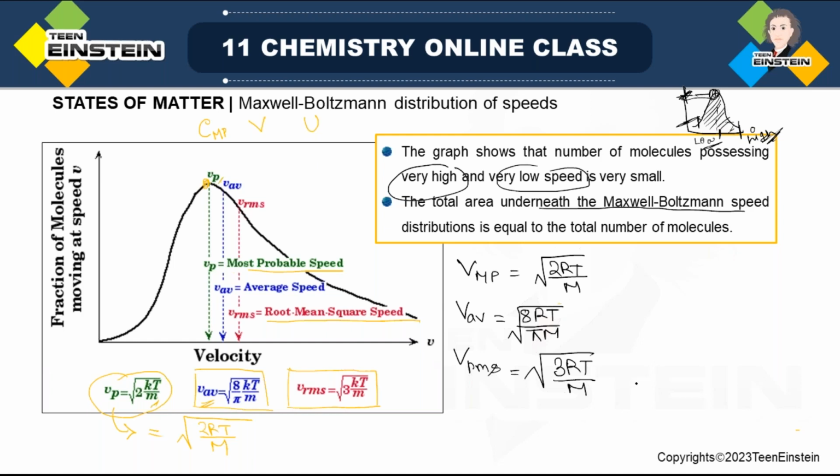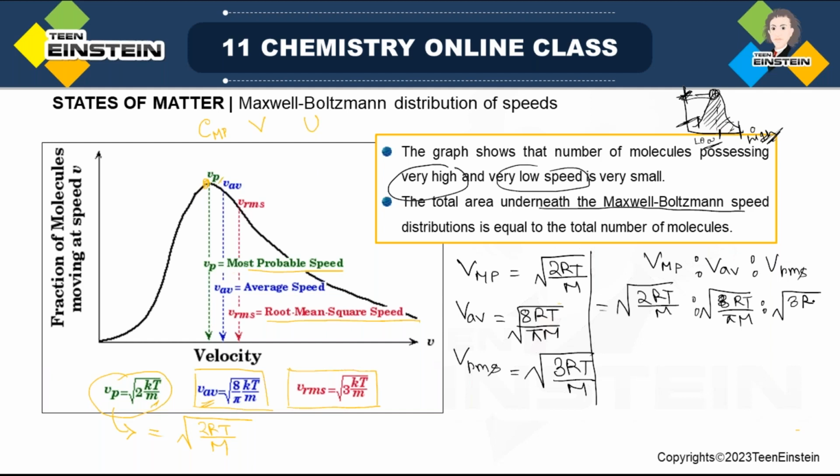Now one question which is very common is that if it is said, what is the ratio of these three, V_MP, V average, V_RMS, how will we do so? You just have to take the ratio of these three. Now in these three terms, what terms are common? Just try to find. So here RT by M, this part is common.